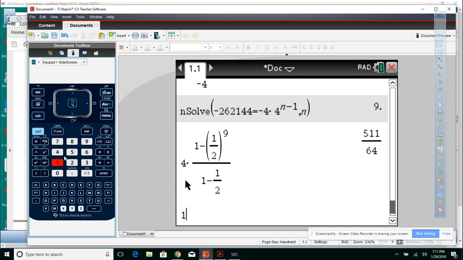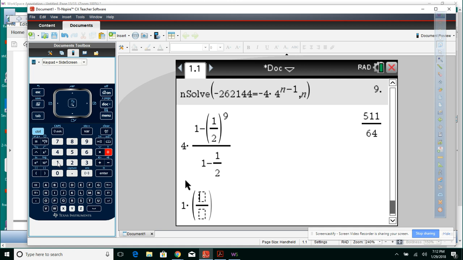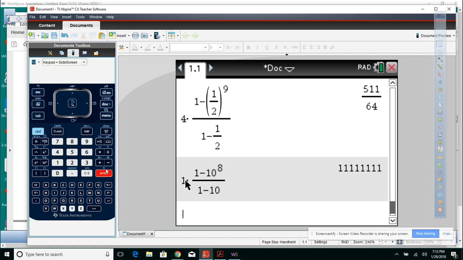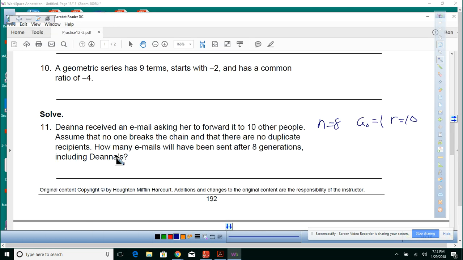So we have 1 times open parentheses 1 minus 10 caret 8 over 1 minus 10. Wow. Okay. That's going to be fun, right? So S sub 8 equals 111,111,111. That's a lot of folks.